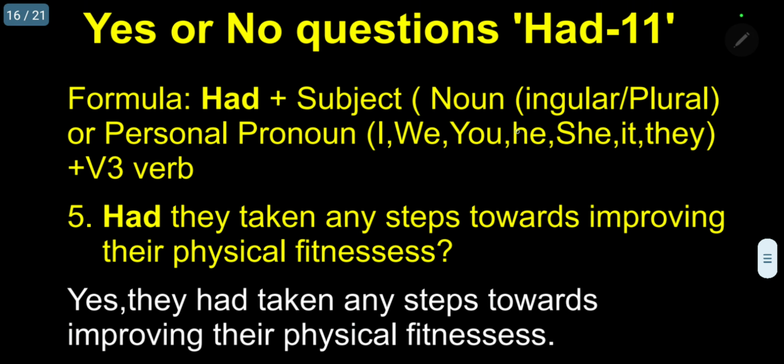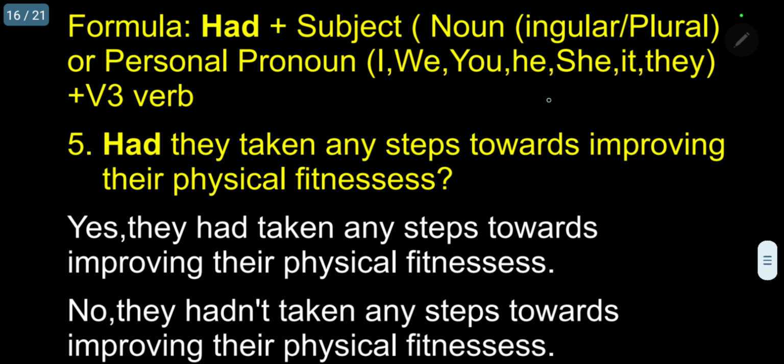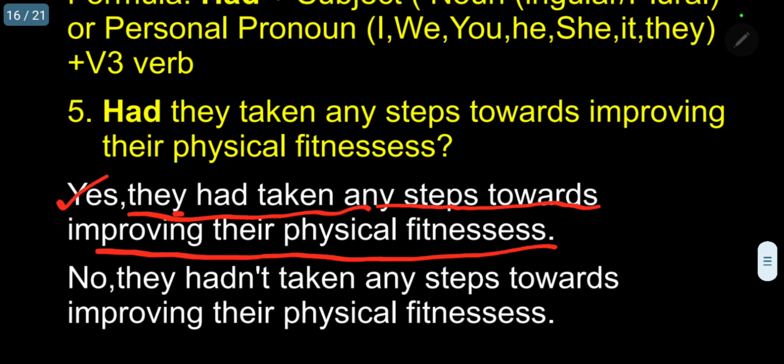Question number 5. Had they taken any steps towards improving their physical fitness? Two possibilities, maybe yes or no. Suppose the answer is yes, then the answer will be: they had taken any steps towards improving their physical fitness.